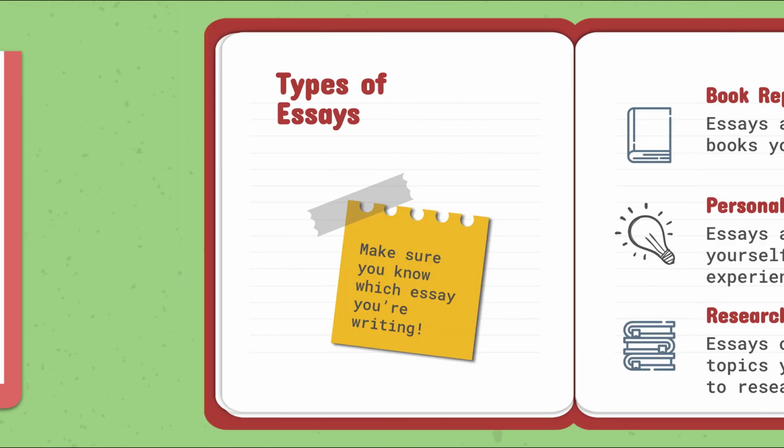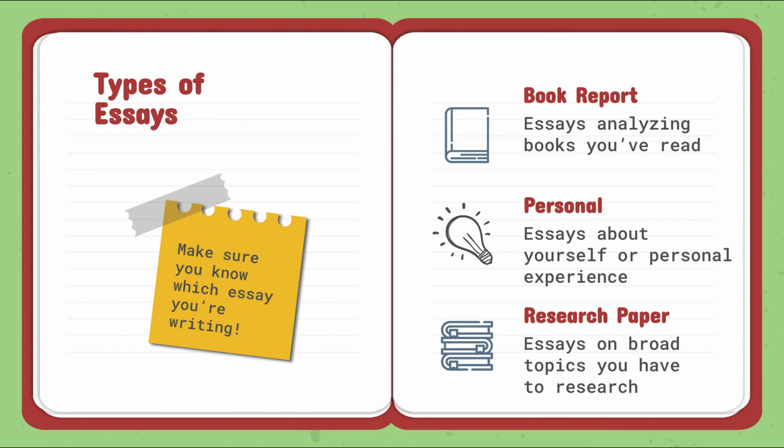First, types of essays. So you always want to make sure you know which essay you're writing. This will be in your prompt or in your rubric, or you can just ask your teacher. So first is a book report, and this is just analyzing books you've read. If you see something in your prompt that says plot, theme, mood, tone, it's going to be a basic book report.